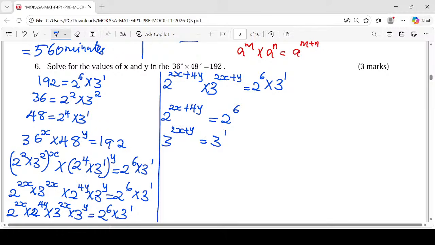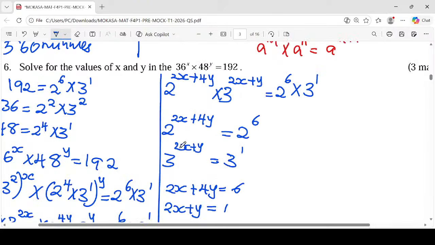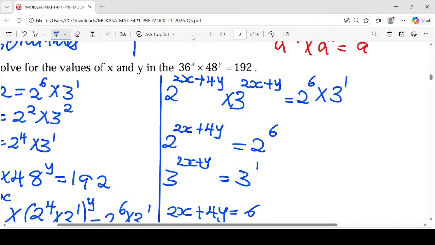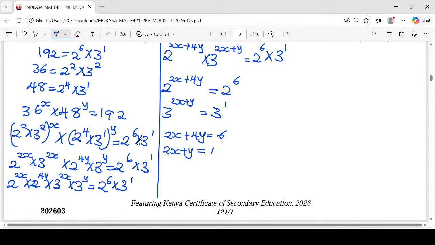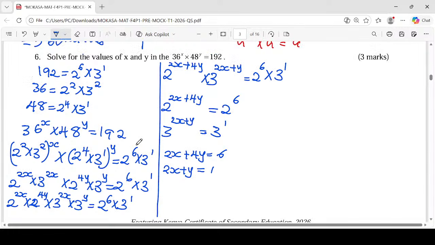Based on the first equation now, we can have 2x plus 4y is equal to 6. Then 2x plus y is equivalent to 1. We form two equations which we can now solve simultaneously to get the values of x and y that the equation requires.